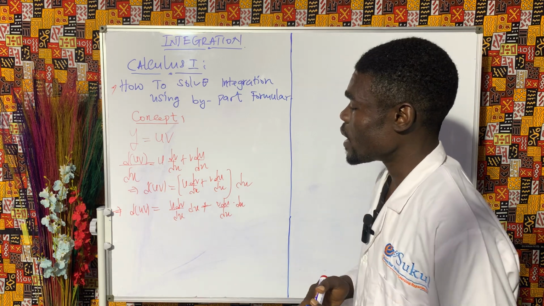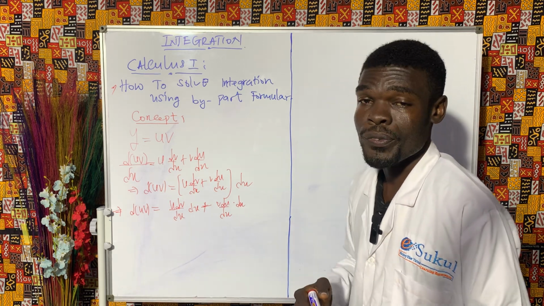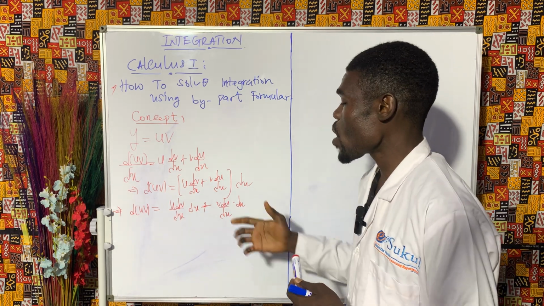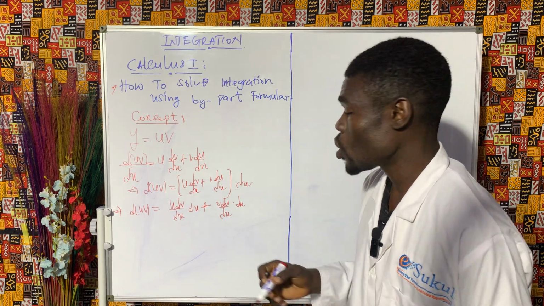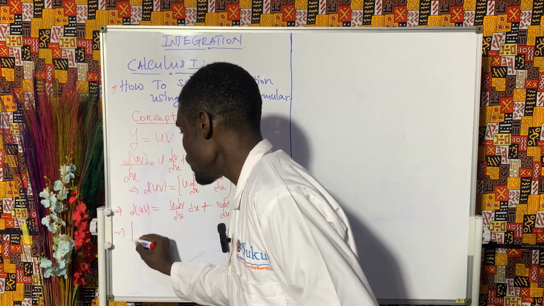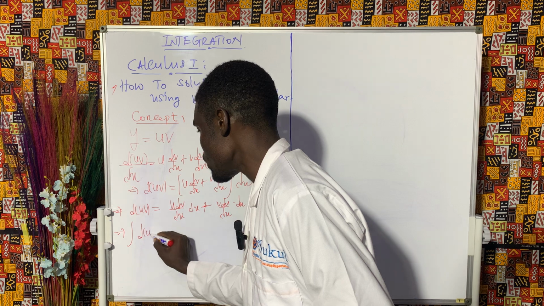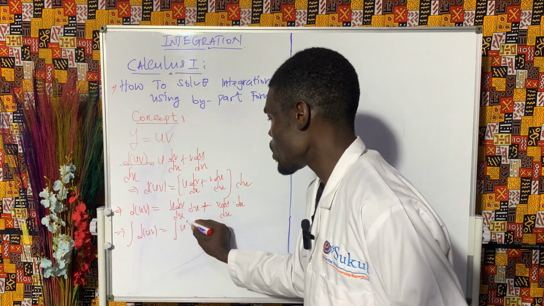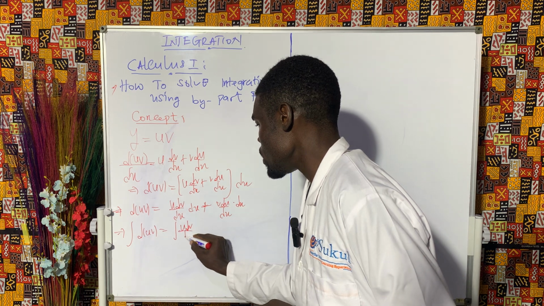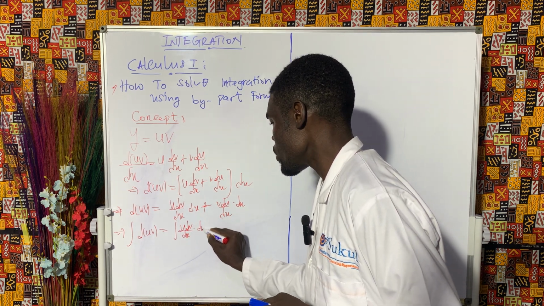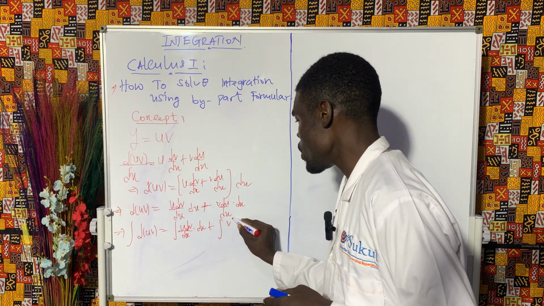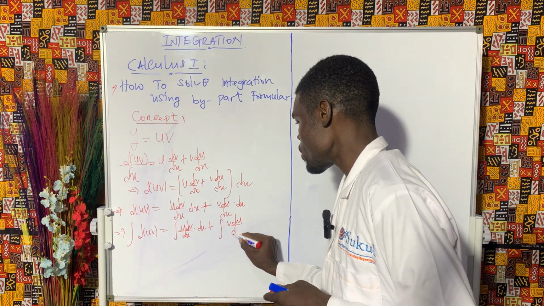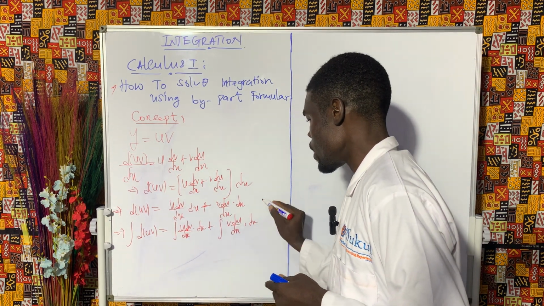Then we should remind ourselves that integration is distributive and is well defined over the operation plus. So if we share the integral on both sides, we have the integral of u dv/dx times dx plus the integral of v du/dx times dx.